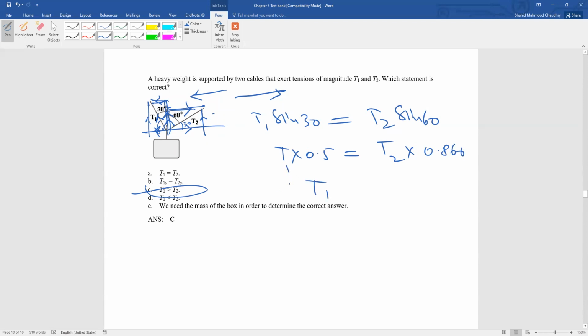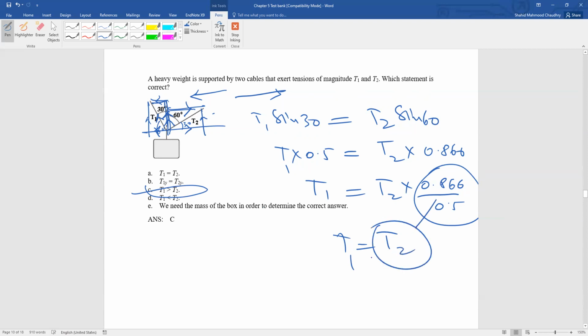So T1 is equal to T2 into 0.866 divided by 0.5. So when you solve, you will see this value will be more than this one. So it means this factor is multiplying with T2. So it means the T1 answer will be more. So that's why T1 is greater than T2.